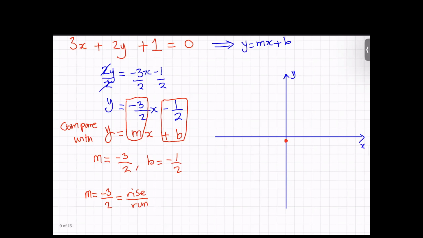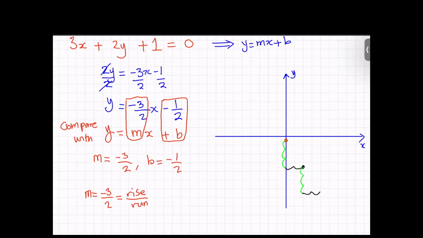So we go 1, 2, 3, and then we are running 2: 1, 2. So that's the dot over there, and you repeat the same thing. 1, 2, 3, and then 1, 2, right there.